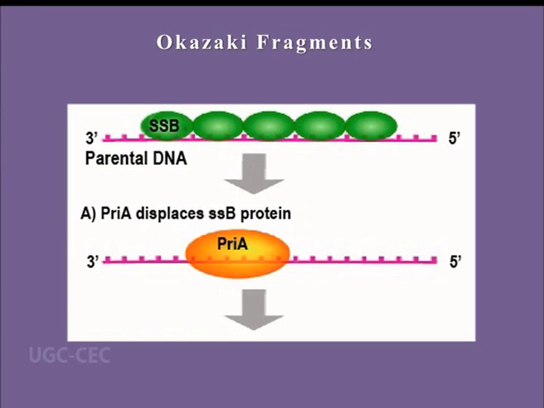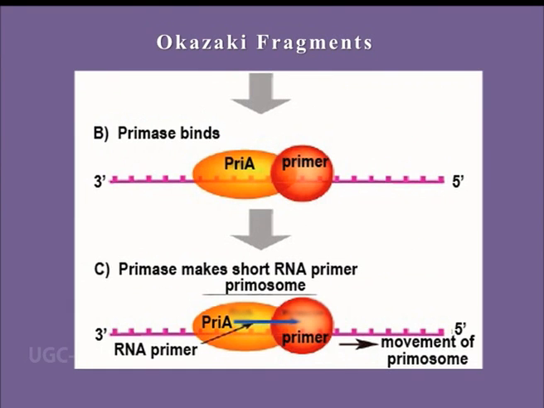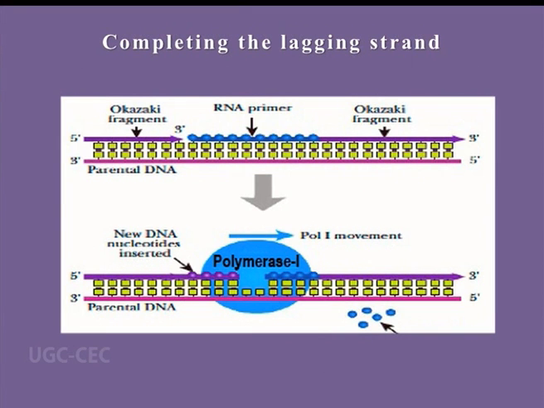Then PriA protein binds and displaces the SSB protein from the template. After it has displaced it, it allows the primase binding. Primase initiates a short RNA primer, and then DNA pol III sits and adds nucleotides to the 3' end of the RNA primer. Thus, short Okazaki fragments are produced on the lagging strand.